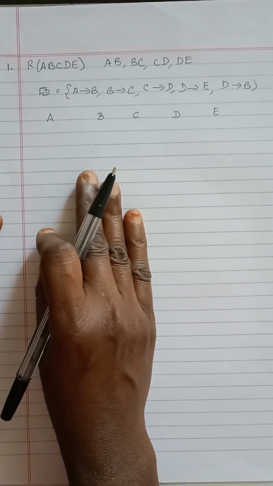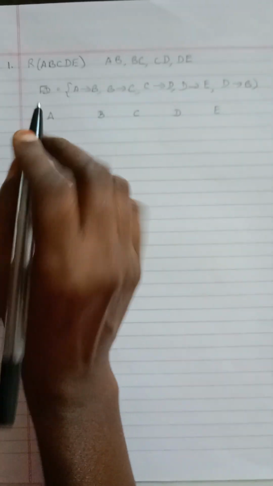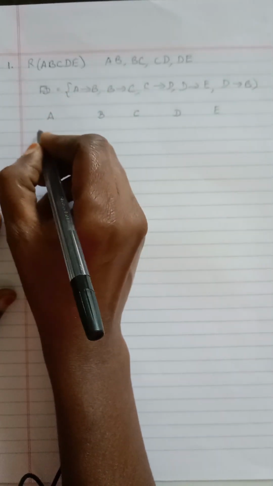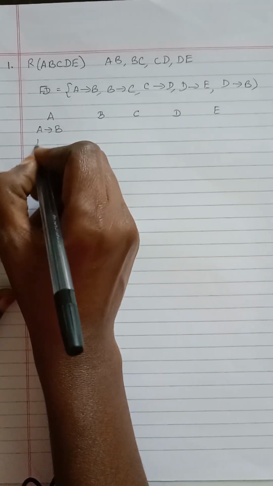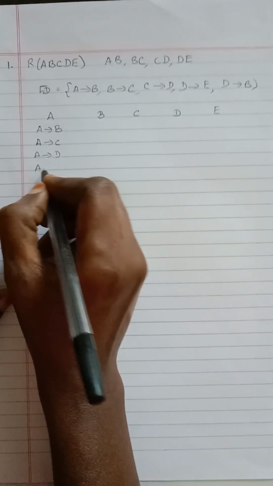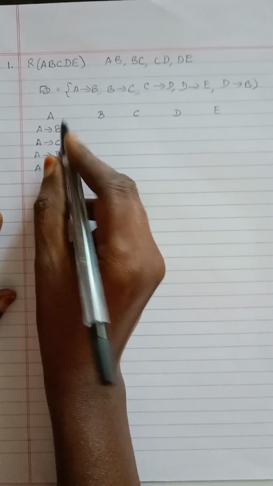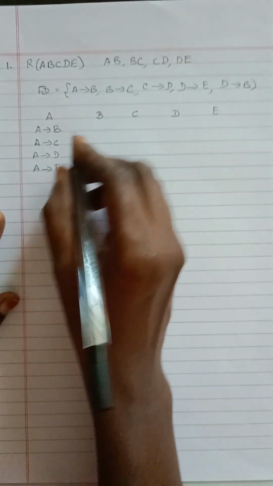Okay. So here, for attribute A, what dependencies exist? A tends to B, A tends to C, A tends to D, and A tends to E. So these are the possible functional dependencies that can occur. Just write these down.